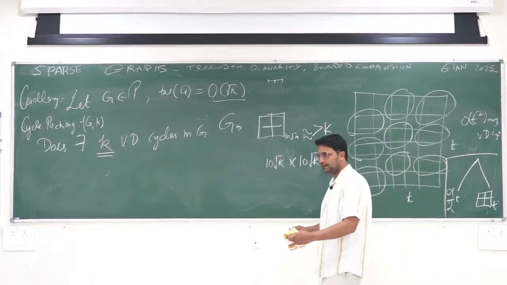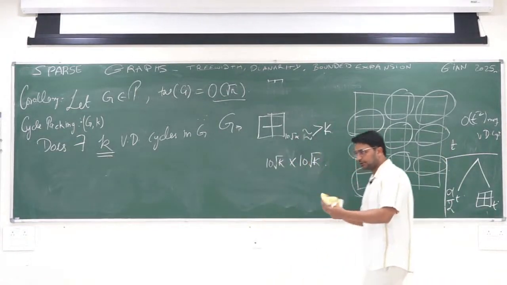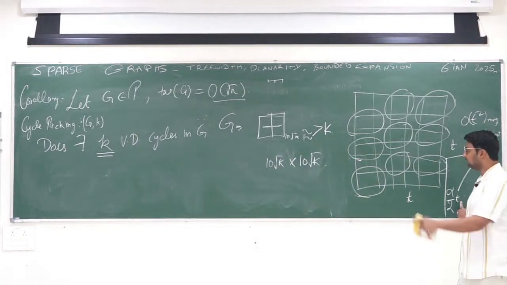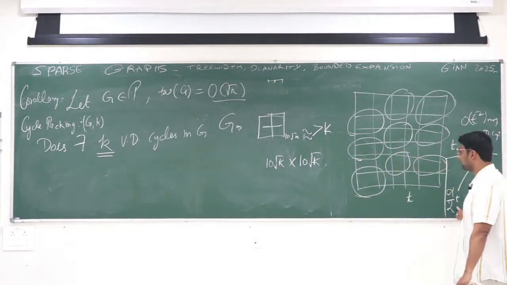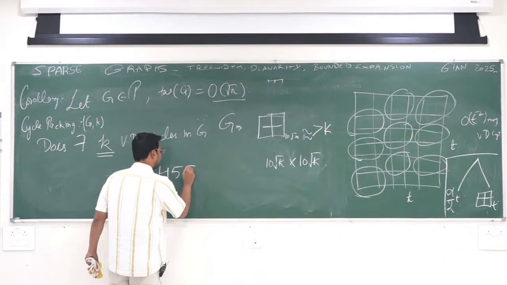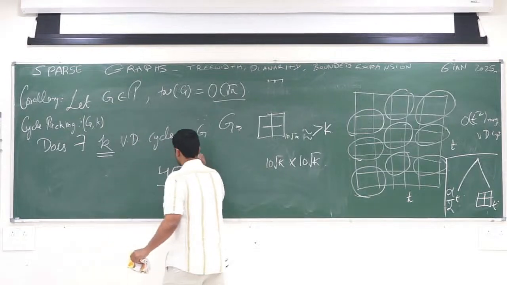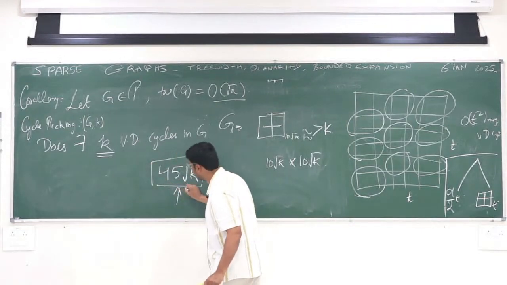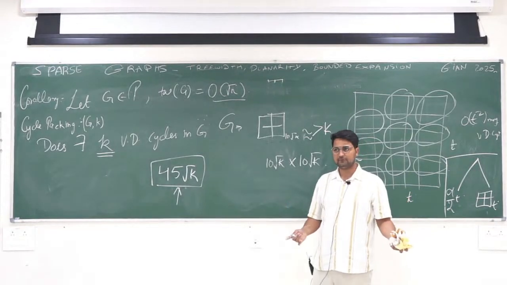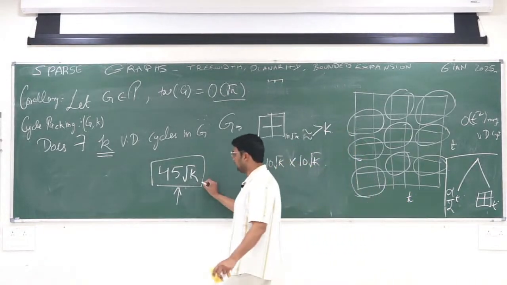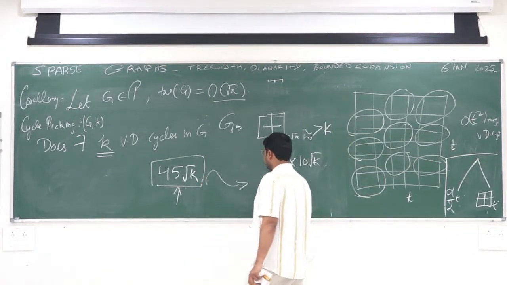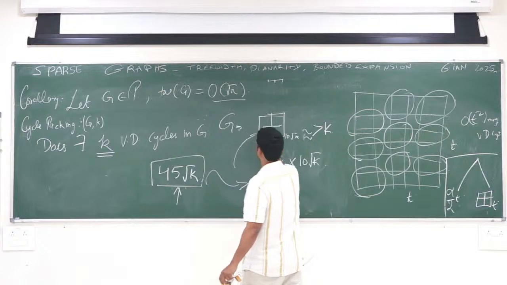So you say to your algorithm, give me a tree decomposition of this width, where t is 10 times square root of k, which is 45 times square root of k. Either my graph in n square time will give me a tree decomposition of this width, or it will give me this grid minor.